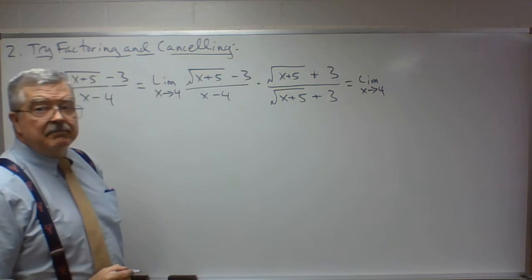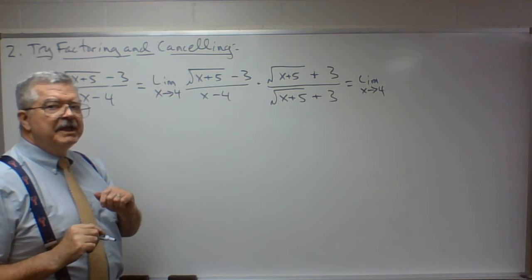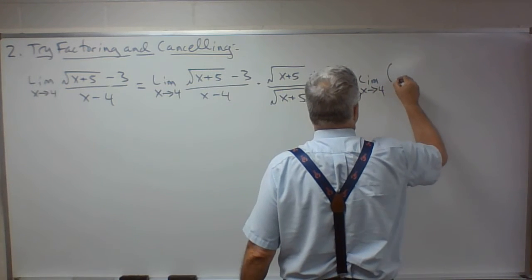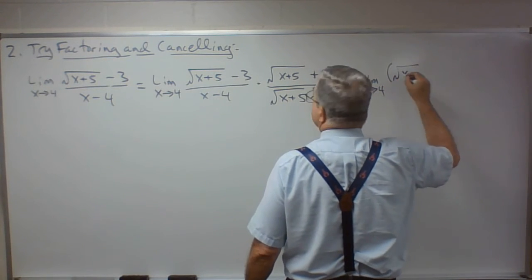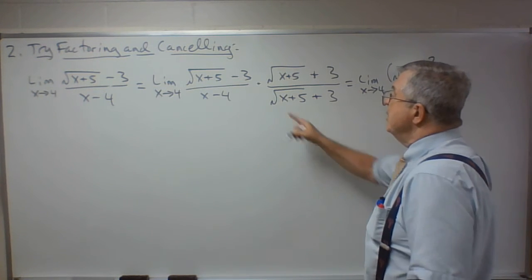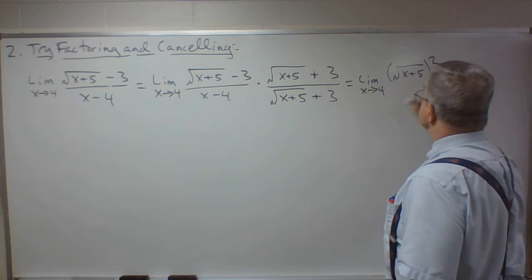And what do we get? Remember what we get? We get the first thing squared minus the second thing squared.